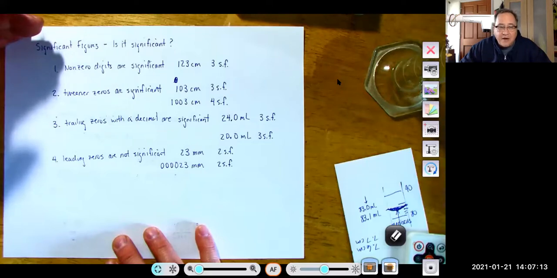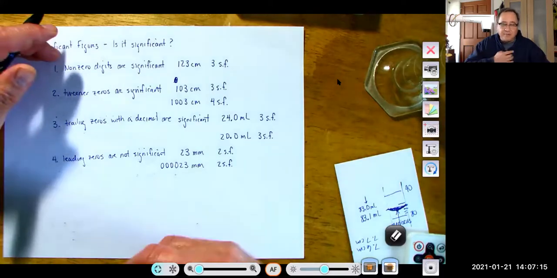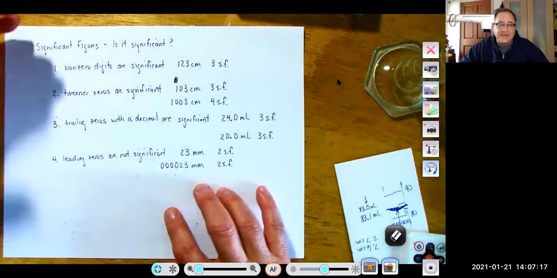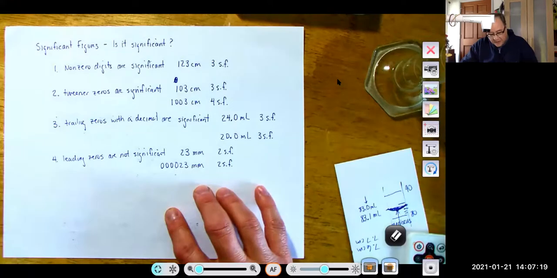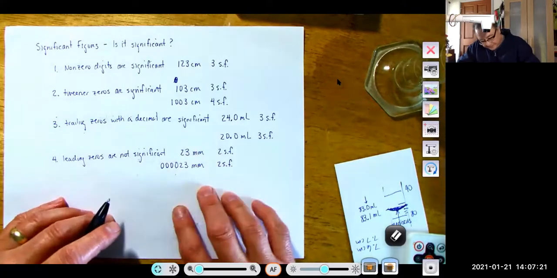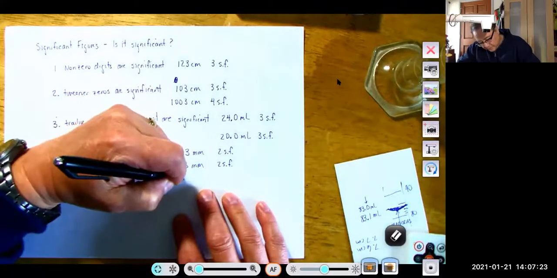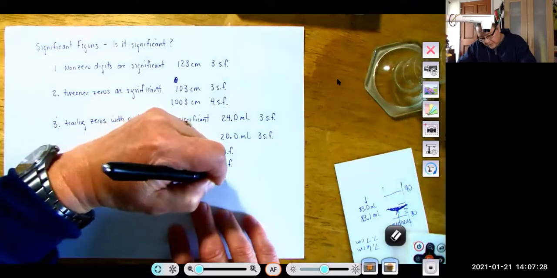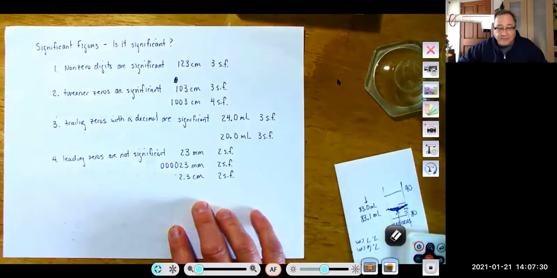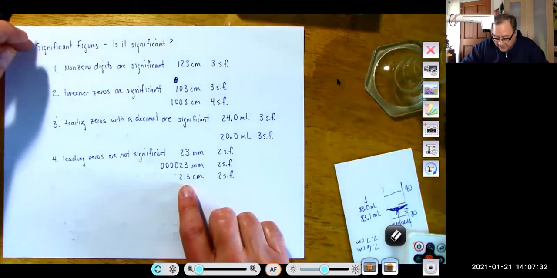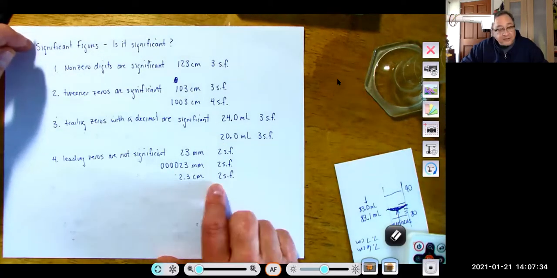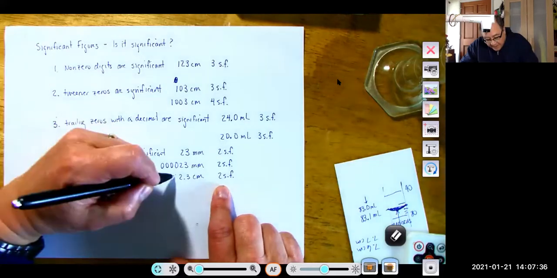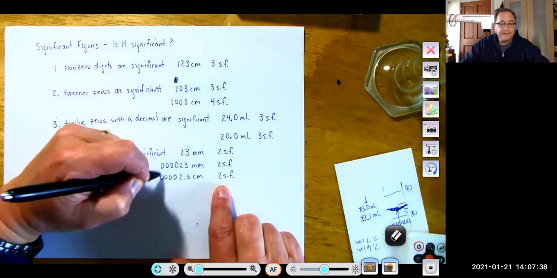Okay, now in a moment, I'm going to turn your world upside down. I'm going to rewrite this number. Your world should still be right side up. That is 2.3 centimeters, two sig figs, and it doesn't matter how many zeros I put in front of it.